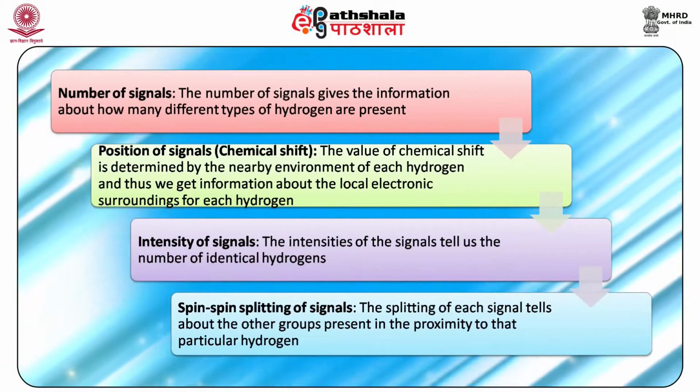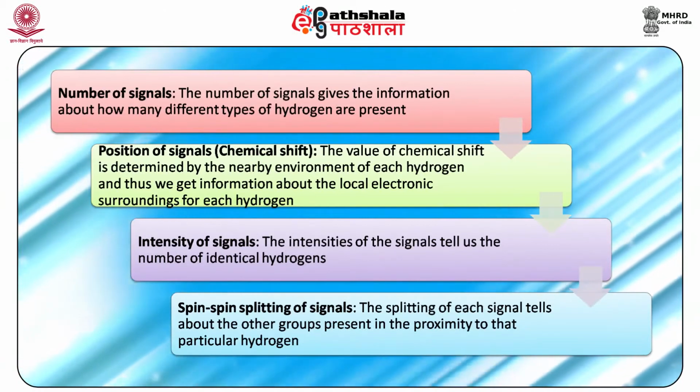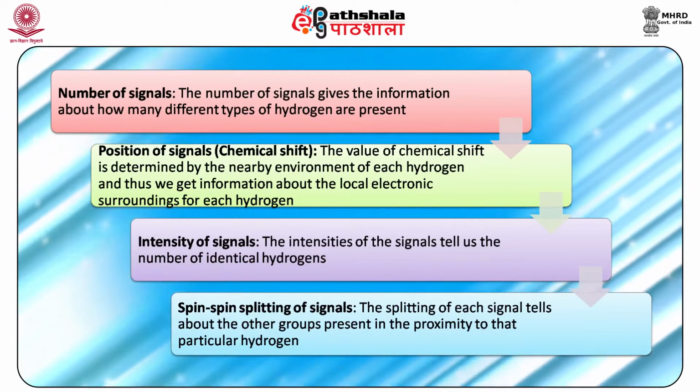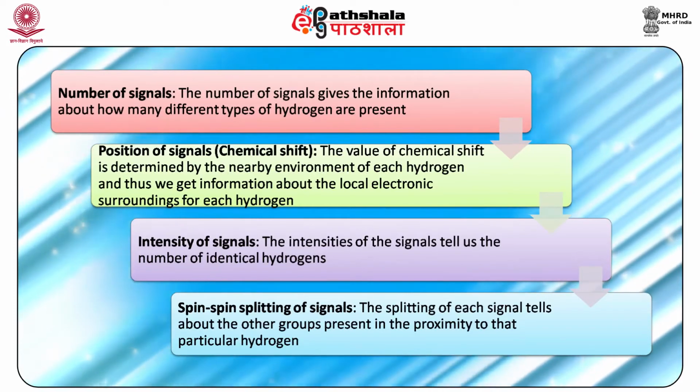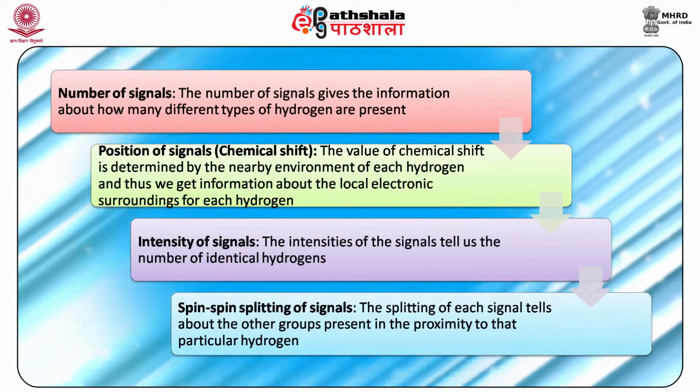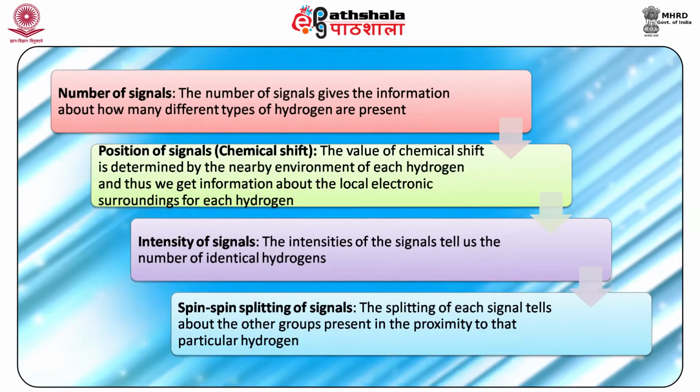The value of chemical shift is determined by the nearby environment of each hydrogen, and thus we get information about the local electronic surroundings of each hydrogen which is present in the molecule whose structure is to be elucidated. Now, intensity of signals.